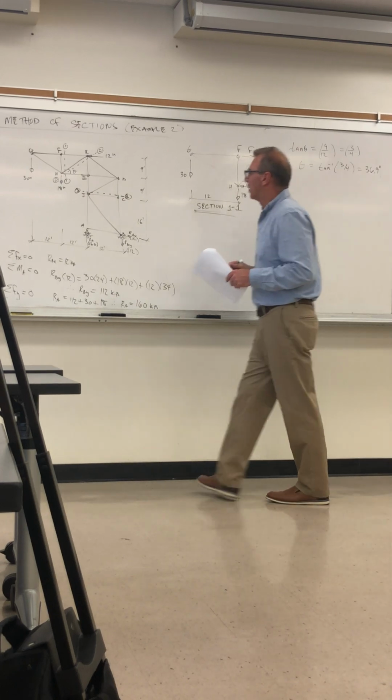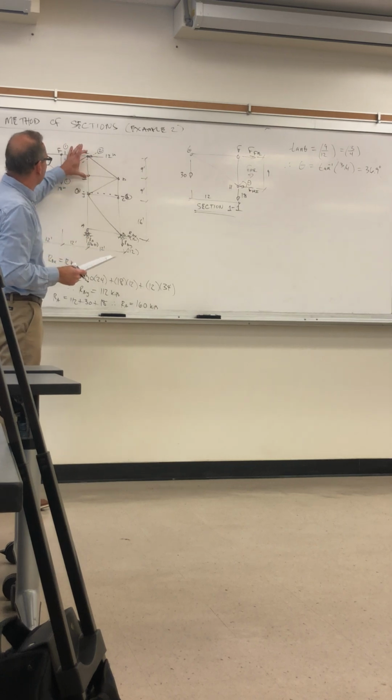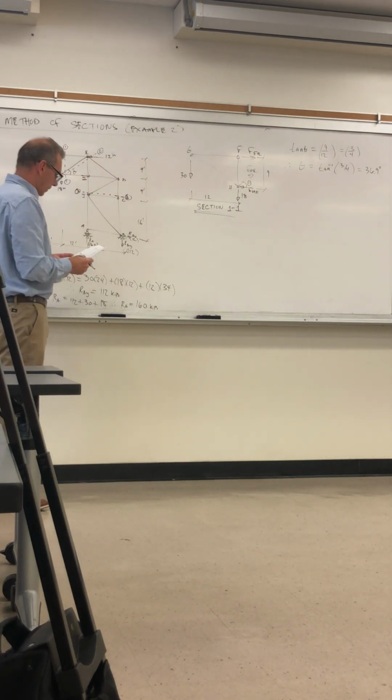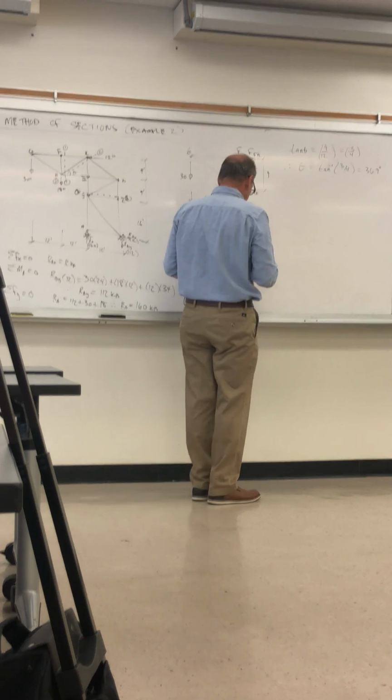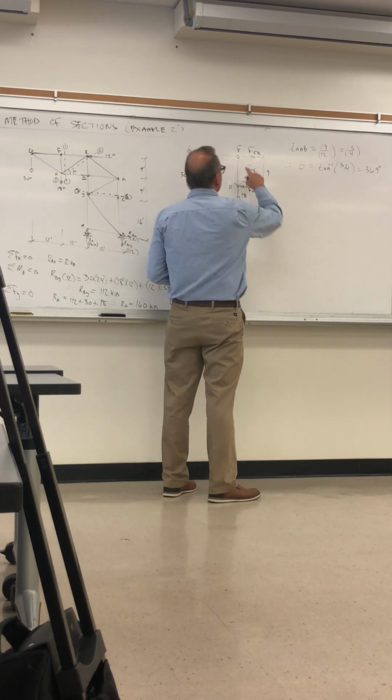It's 36.9 degrees, less than 45 degrees. So it's this geometry, this over this. So let's solve for F of FE first.